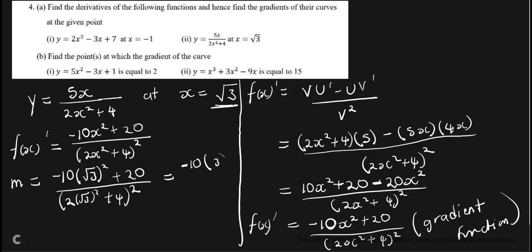There it will be 3 plus 20 over, down there it is 2 times 3 plus 4. Then you have negative 10 times 3, it becomes negative 30 plus 20 over 6 plus 4, then you square it.